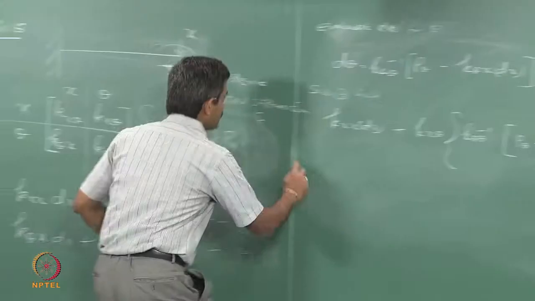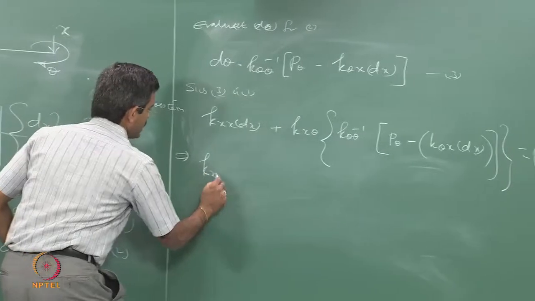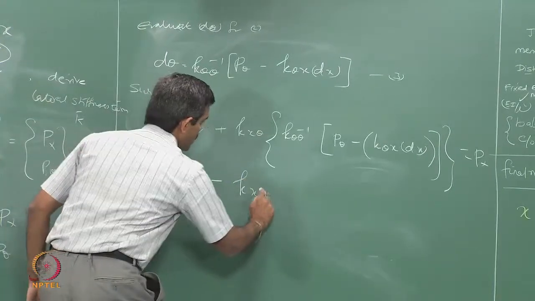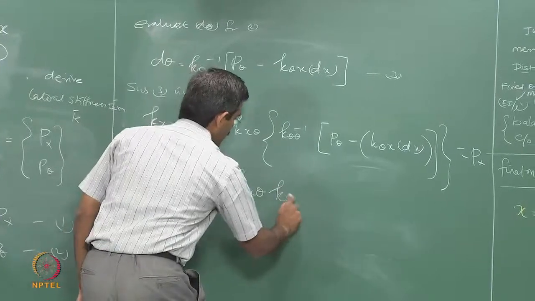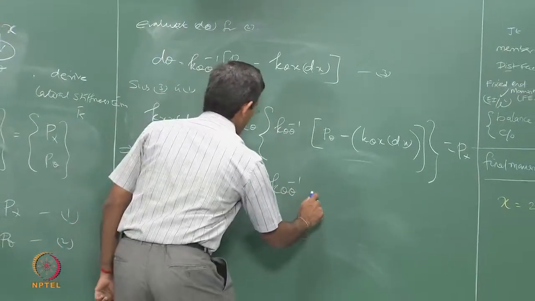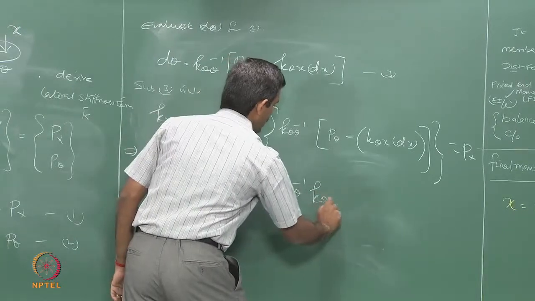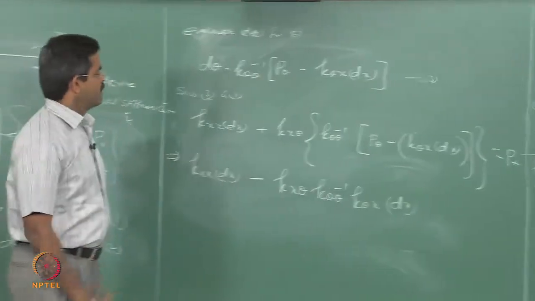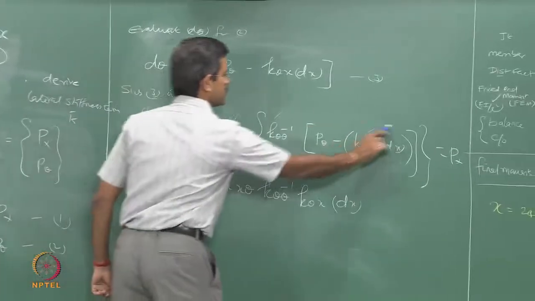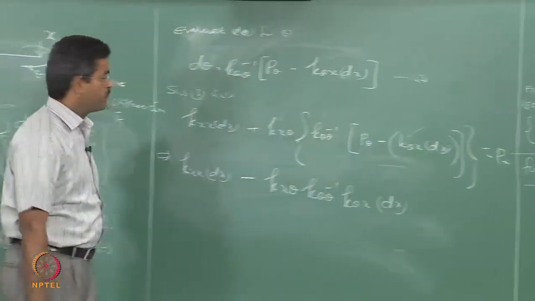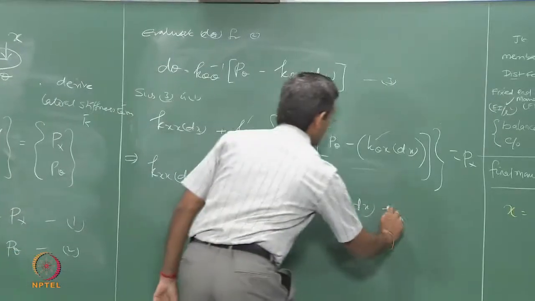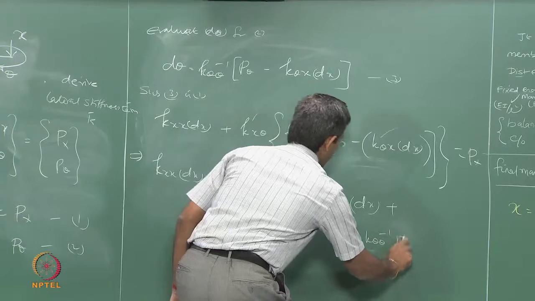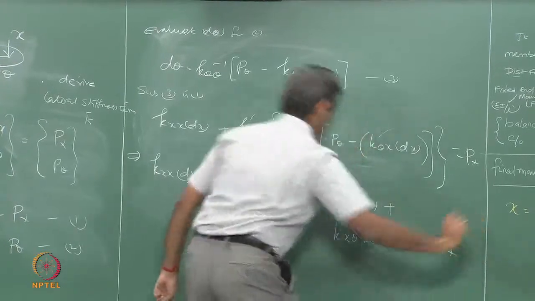Okay. Let us expand this further. Kxx dx minus Kx theta K theta theta inverse K theta x dx, the first term, plus Kx theta K theta theta inverse P theta is Px.